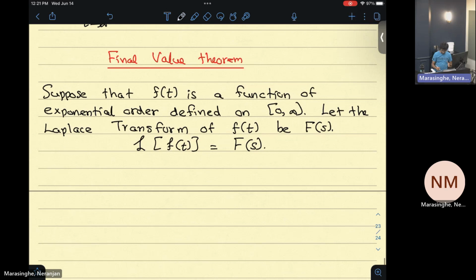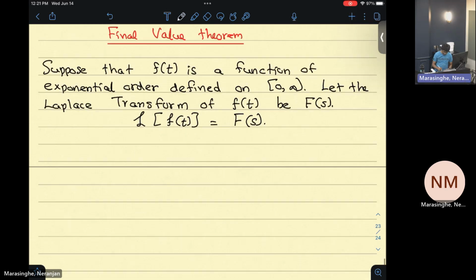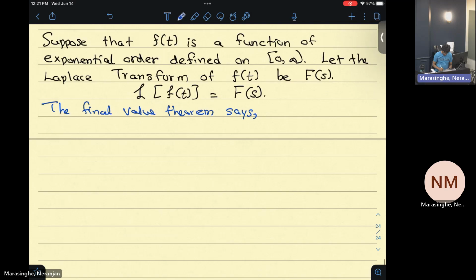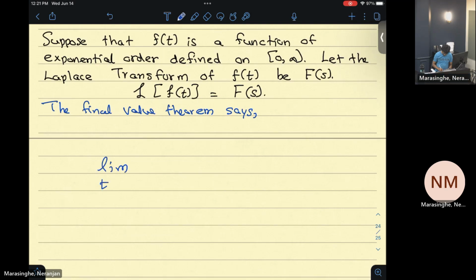Then I would state the final value theorem. So what does the final value theorem say? It says the limit as t goes to infinity of f(t) is going to be equal to the limit as s goes to 0 of s times F(s).